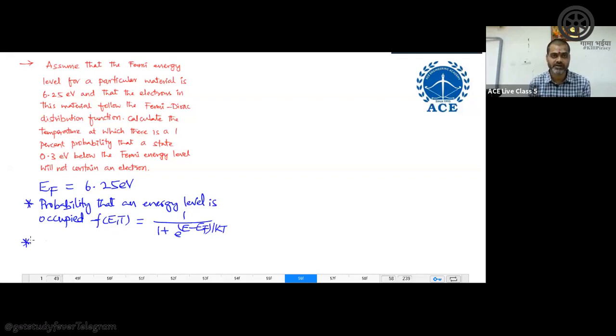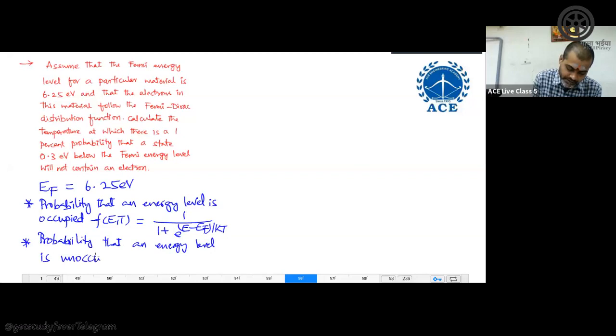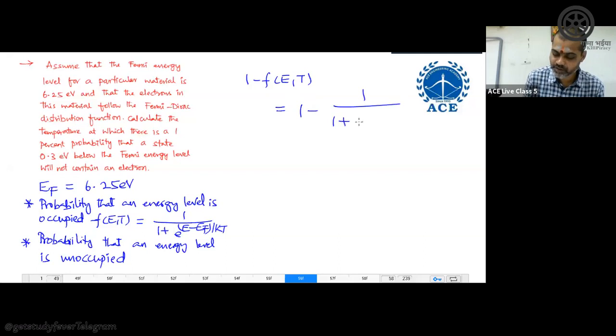It should be 1 minus f of E comma T. So the probability that an energy level is unoccupied, or empty, is 1 minus f of E comma T, which is equal to 1 minus 1 over 1 plus e power (E minus EF) divided by kT. Am I correct? Yes. Now this is given.